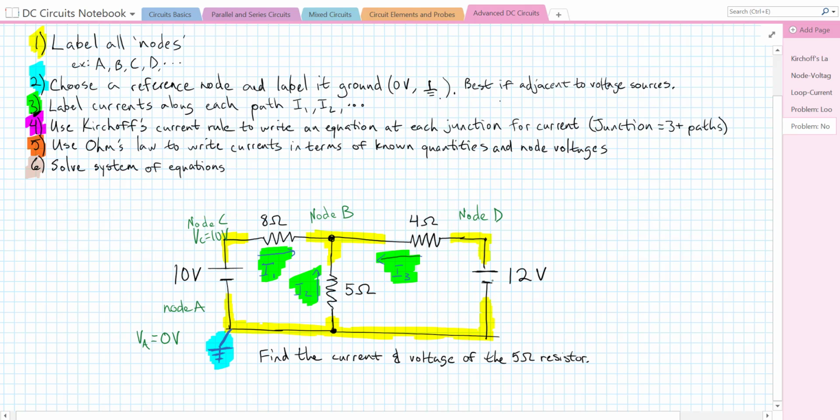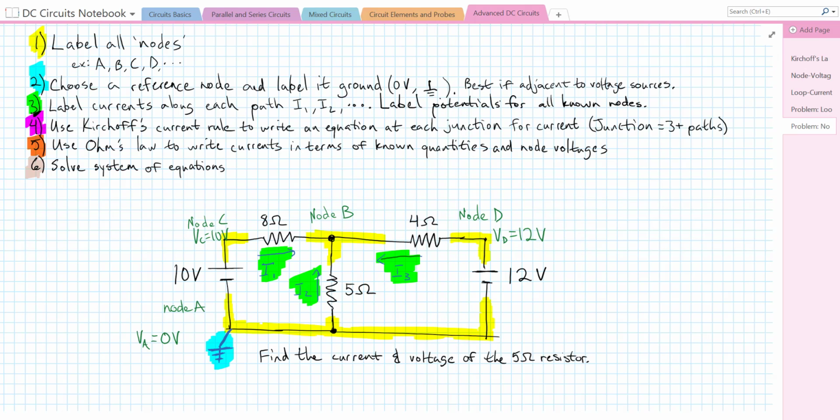We can do the same thing over at node D. We start out at 0, we go up 12 volts. So the voltage at D is equal to 12 volts. Now I forgot to write that in the instructions, so I'm going to write that right now. Label potentials for all known nodes.